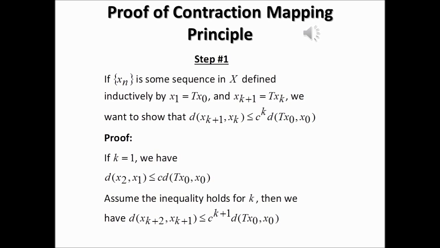So we have the ordinary distance between x_2 and x_1 is less than or equal to c times the ordinary distance between T of x_0 and x_0.